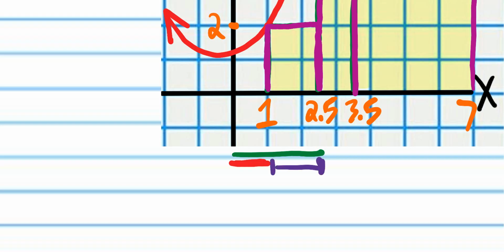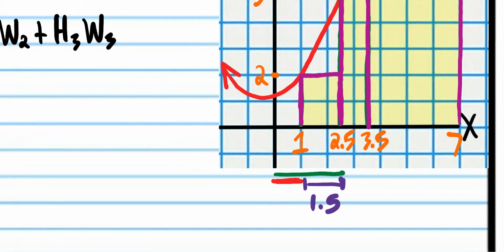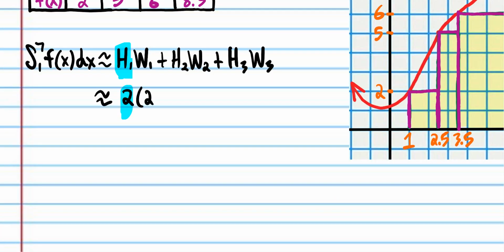So this purple 1.5, that's the width of the first rectangle. Does that make sense? 2.5 is the green length. Subtract the red 1, and you get 1.5. So you can just subtract those numbers. So we have 2.5 minus 1.